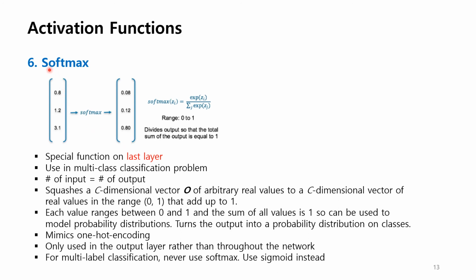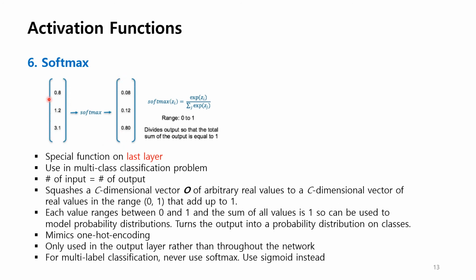You can use softmax in the last layer, the output layer only. You don't use softmax in the hidden layer, okay? And use softmax in a multi-class classification problem, okay? And when you use softmax, the number of inputs and number of outputs should be the same. It is very clear, right? It simply changes this output into a probability distribution.